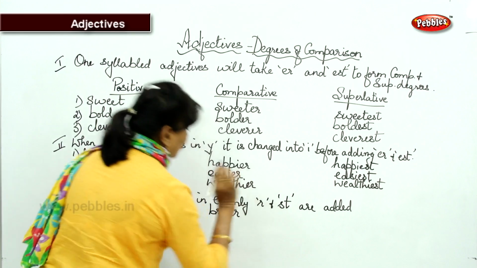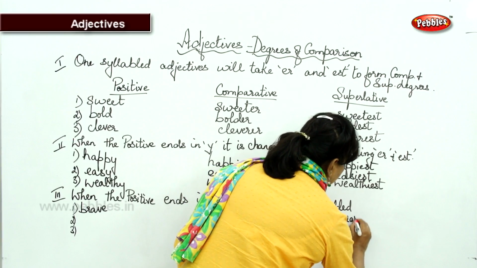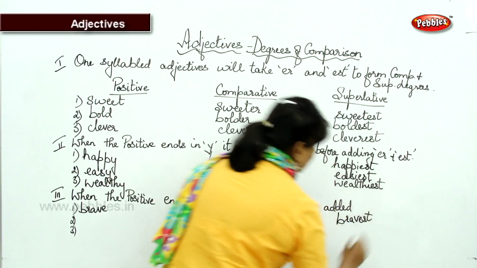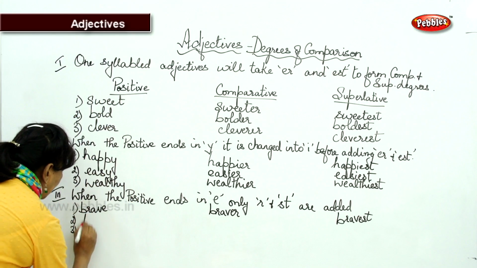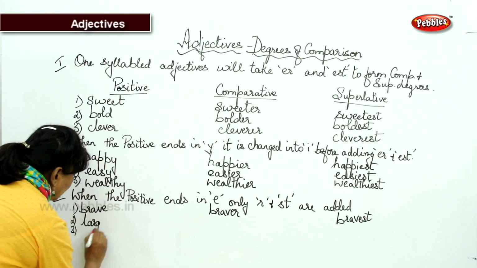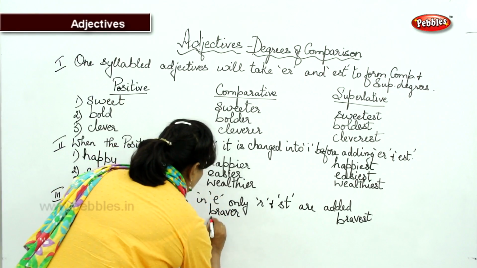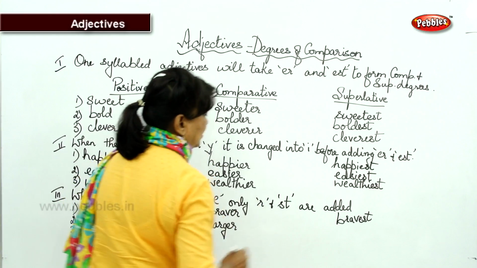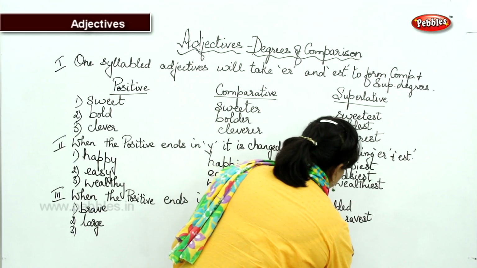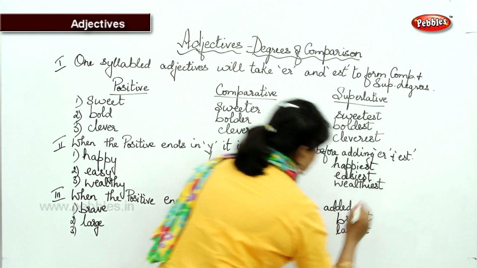Braver, only R is added. Bravest, only ST is added. Large, already E is there, so larger, only R is added, and here only ST is added.